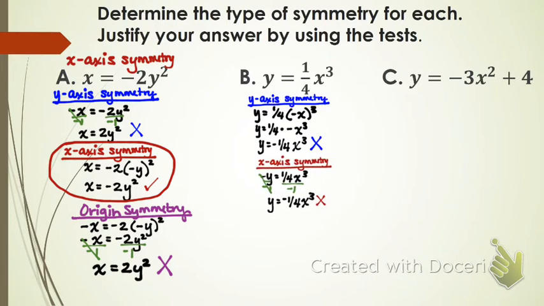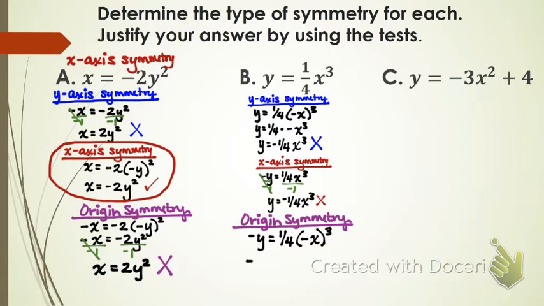So then we will check this for symmetry about the origin. I'm going to replace the x and the y this time. So -y equals 1/4, and then inside my parentheses, negative x, and I'm going to cube it. When I cube something that's negative, it stays a negative, right?